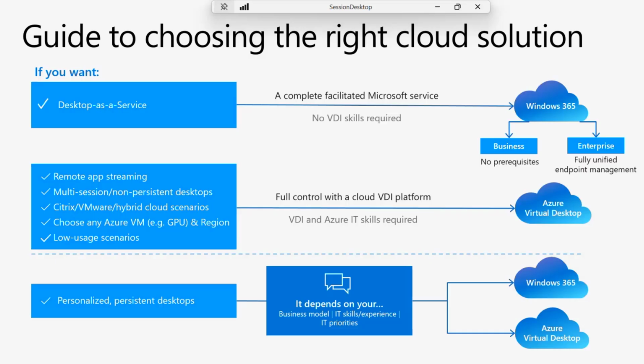You also have Windows 365, which sits alongside Microsoft 365, right? The Office 365 queues, and the way it's licensed is per user per month. So AVD, you're paying for the resources you are consuming.